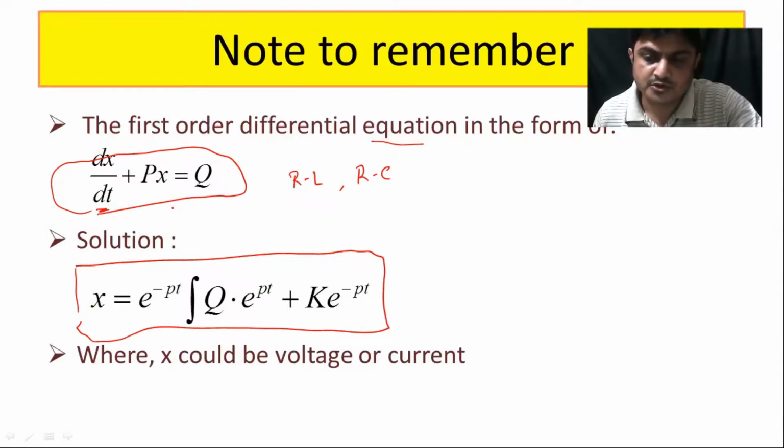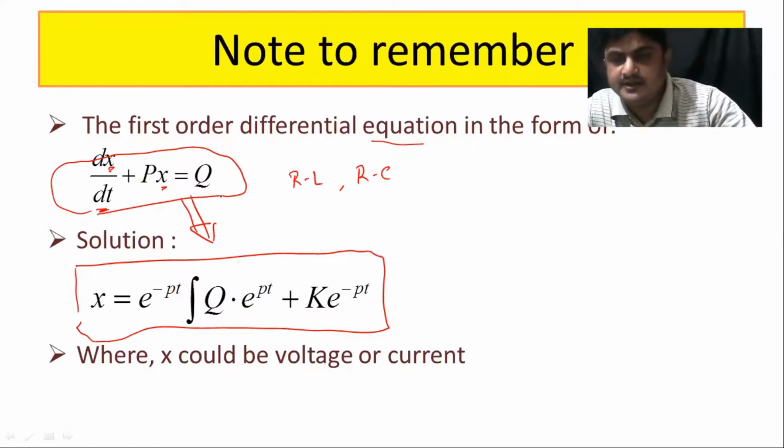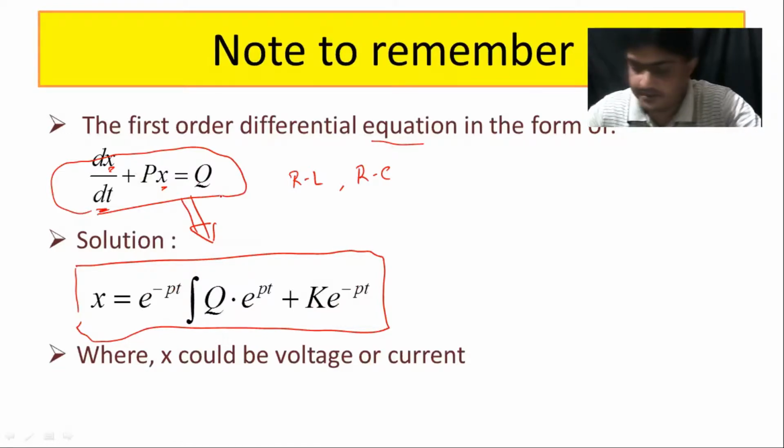If you have dx by dt plus px equal to q, then the solution for the variable x is e raised to minus pt integration q e raised to pt plus k e raised to minus pt. Remember that here x could be anything, depending on the variable you want to calculate. For example, this could be a voltage, or it could be a current.